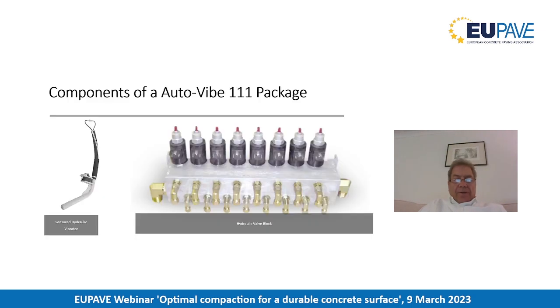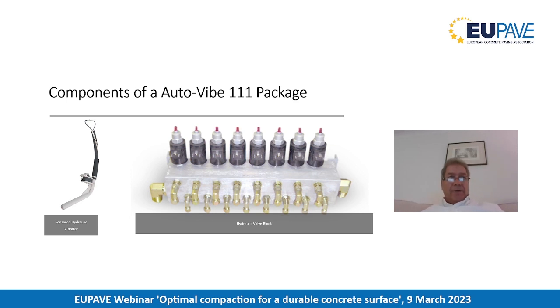This slide is showing the components that make up an Auto-Vib 3 package. At the bottom right, you've got the valve bank, which consists of 10 sets of 10 vibrators. On the left, you've got the sensored vibrator. It's possible on some models out in the field to upgrade them to an Auto-Vib system.